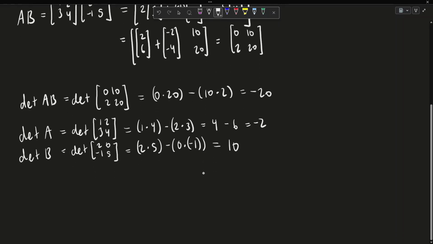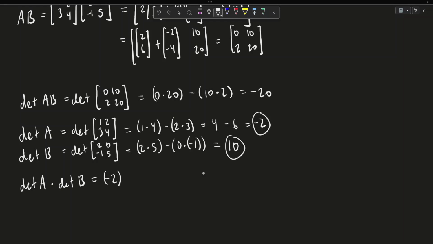So, the determinant of A times the determinant of B, and remember, the determinant gives us two scalar quantities, is -2 times 10, which is equal to -20, which you'll observe is the same as the determinant of AB.